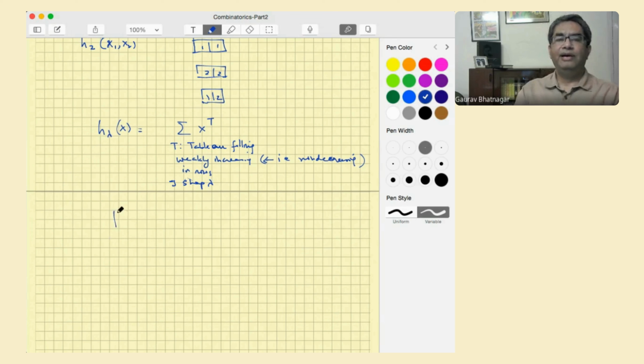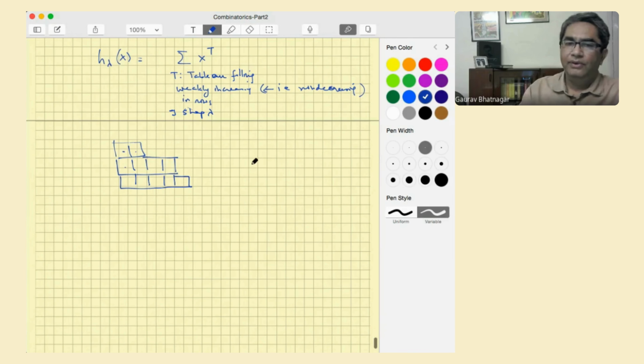So again, if you have something like this, you'll have at least 1, 2, 3, 4, 5, 6, 7, 8, 9, 10, 11. You'll have to have 11 variables and you fill them up, even this is allowed.